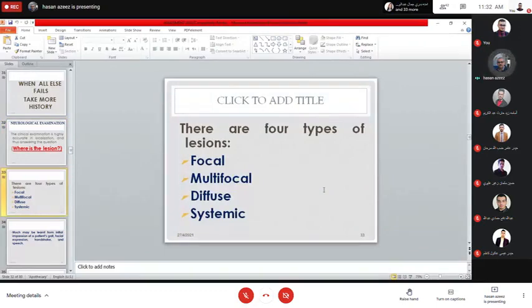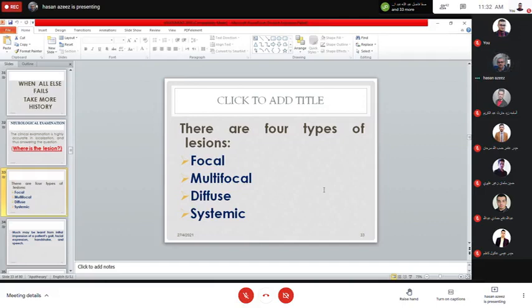There are 4 types of lesion. Either focal, where all the manifestations can be explained by a lesion in a focal area. Sometimes it is multifocal, like in multiple sclerosis. To diagnose a patient with multiple sclerosis, she should have multifocal lesions, for example in the cerebellum, spinal cord, optic nerve, cerebrum, and brainstem.